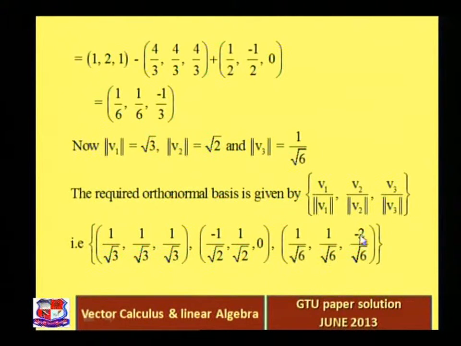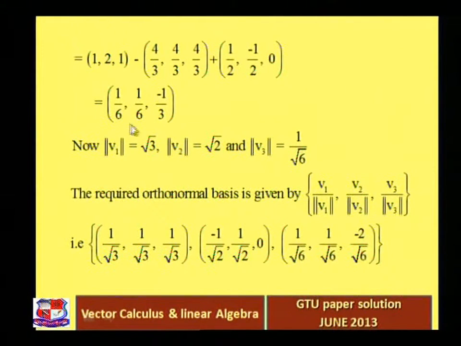And this is quite interesting: v3 is 1 by 6, 1 by 6, minus 1 by 3. Dividing v3 by norm v3 means 1 by 6 upon 1 by root 6, so root 6 comes in the numerator and 6 in the denominator. That's why you get 1 by root 6, 1 by root 6.